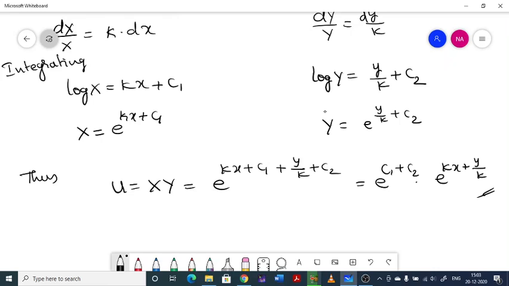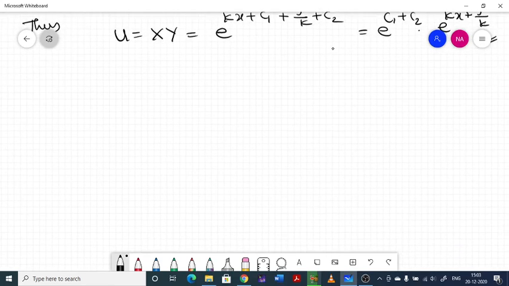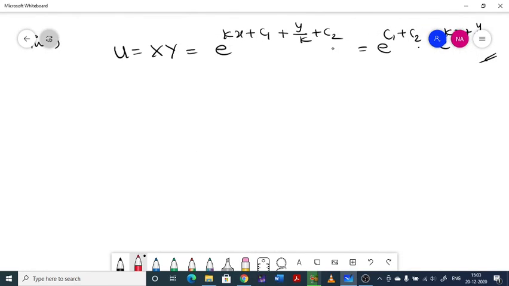Now finally there is one more problem. Solve p y cube plus q x square equal to 0 by the method of separation of variables. Solution. See this p and q that we have used in our elimination method. P stands for dou z by dou x and q stands for dou z by dou y. You have to recall that one.